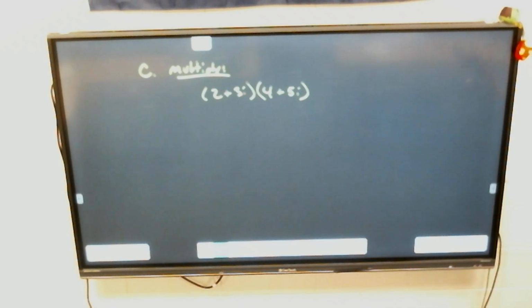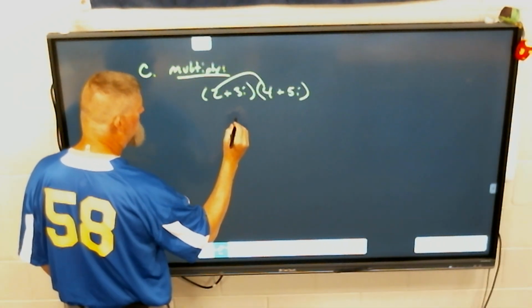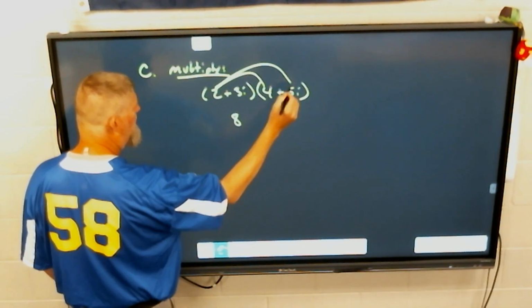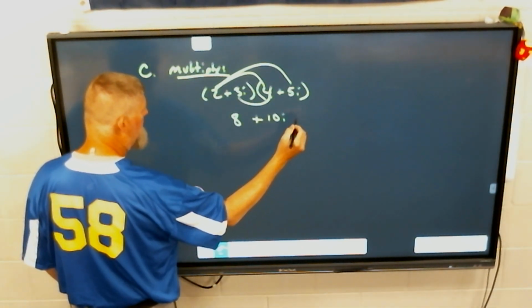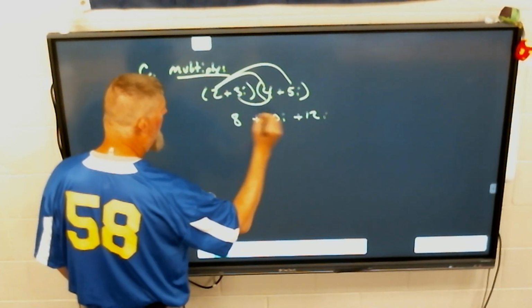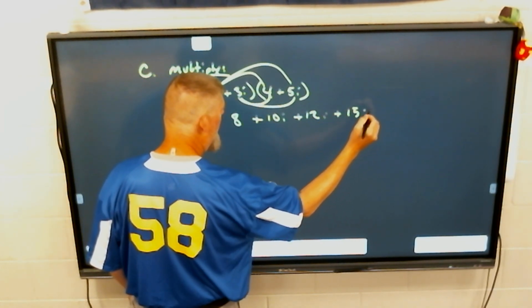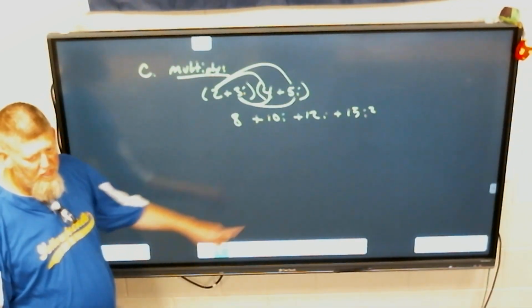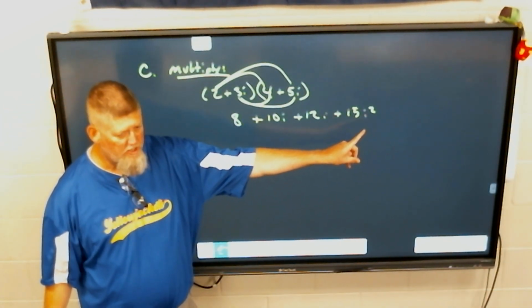FOIL, right? We're going to do the same thing. 2 times 4 gives me 8. 2 times 5i is plus 10i. 3i times 4 is plus 12i. 3i times 5 is going to give me plus 15i squared. And there's my problem, and that's going to be my new thing with this one. It's the only thing that's different.